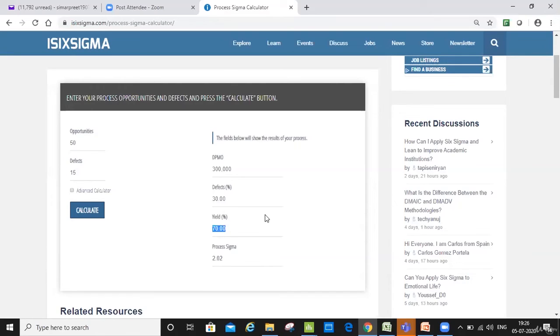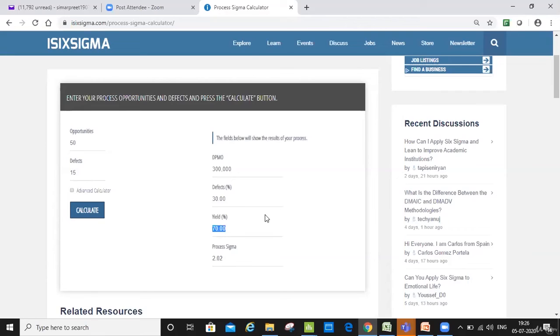But in the long run, when we calculate the sigma level, for example, if the process is quite mature and you're looking at after 8 months or 10 months down the line, then in that case we will not add 1.5 because we assume that the process has matured. But from a project standpoint, when we are in the measure phase, we always consider that this process hasn't matured yet. Therefore, 1.5 has already been added.